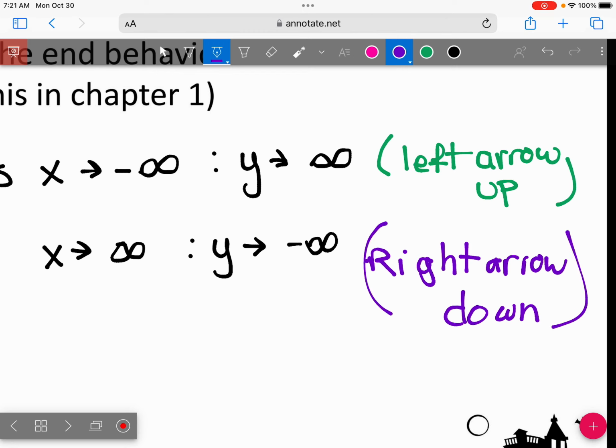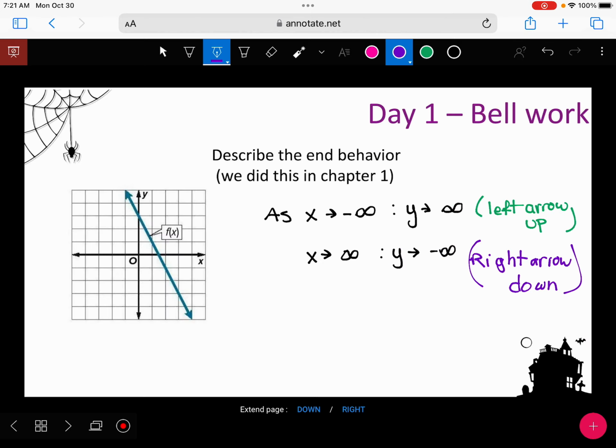We're going to be using these again today, so I promise we're going to go through all the possible options and what we mean and what we intend. But just reminding us that we have done it before. It's just been a minute. So that's all we're doing on those. We're just describing the arrows. That is the end of that bell work.